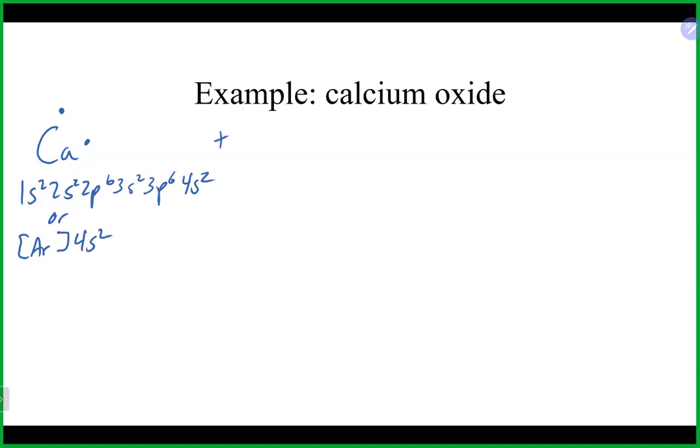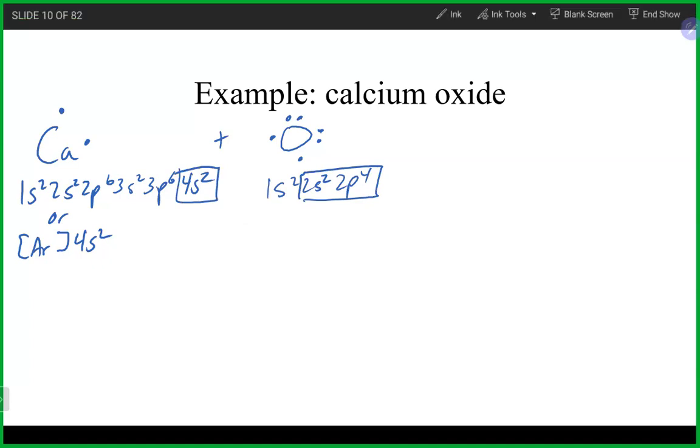We have our oxygen, which is group 6, and here in this situation, 1s2, 2s2, and 2p4. This is the 6 valence electrons for oxygen. This obviously is the 2 valence electrons there for calcium.